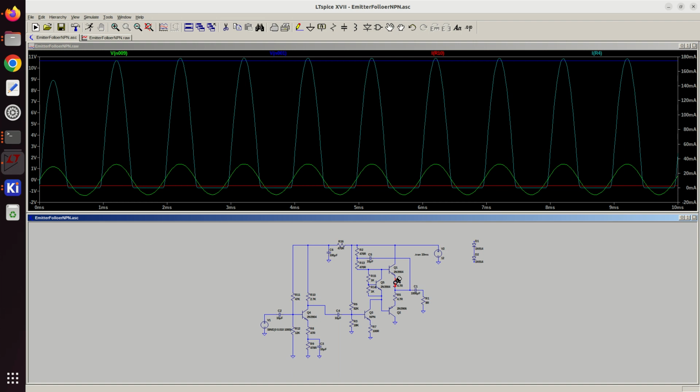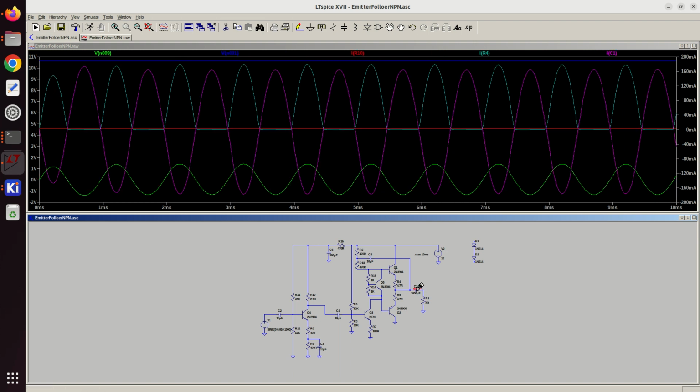So on this guy up to 180 milliamps. Now from what I remember, the 2N3904 I think is rated for 200 milliamps, and same with the 2N3906. So we'd be right on the limit at that. So that's about as much as you can get out of it.